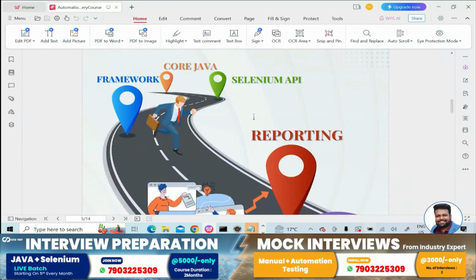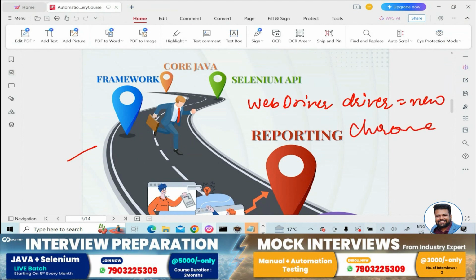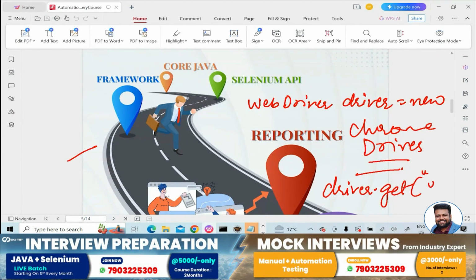Now see, it is very easy for you to give one line of Selenium code, which is WebDriver driver = new ChromeDriver(); it is very easy to write this line and then driver.get, and then you give your URL here.